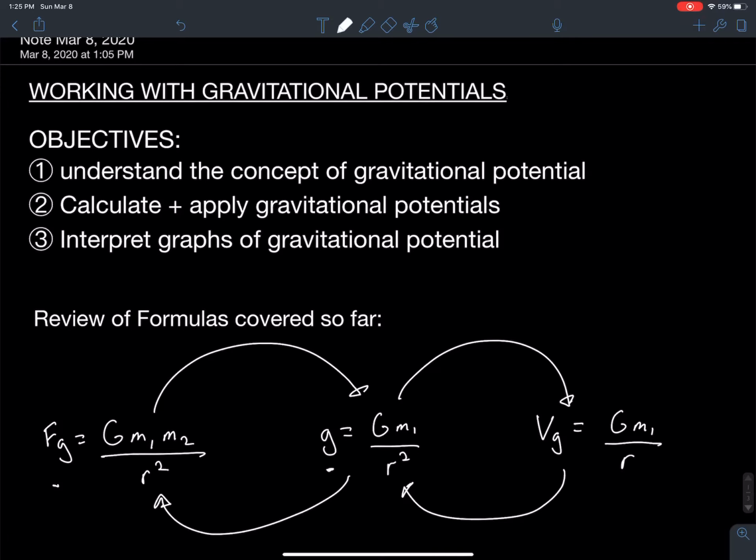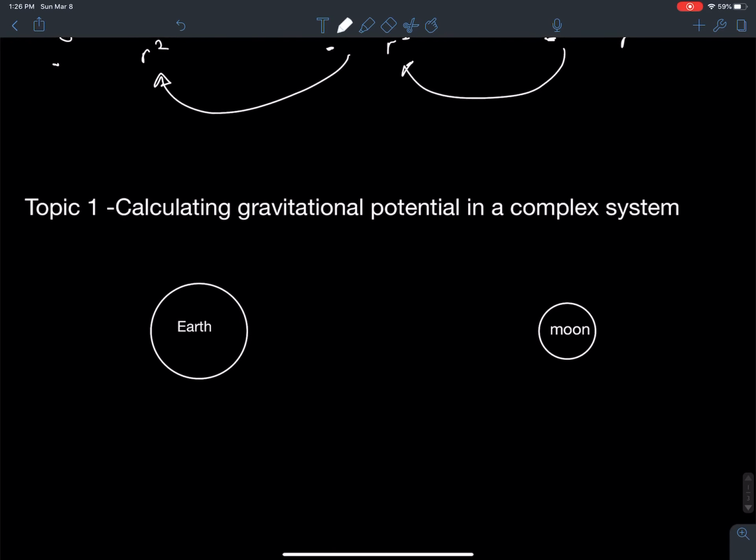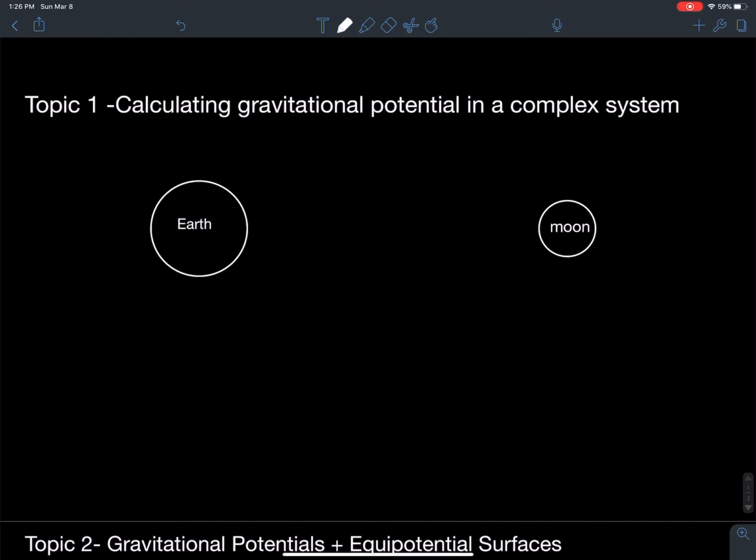On the other hand, how would I go from gravitational potential all the way to gravitational force? You can see that these formulas can be interconverted. And that's something that they often ask you to show on an exam, or you have to actually apply that information from words, okay?